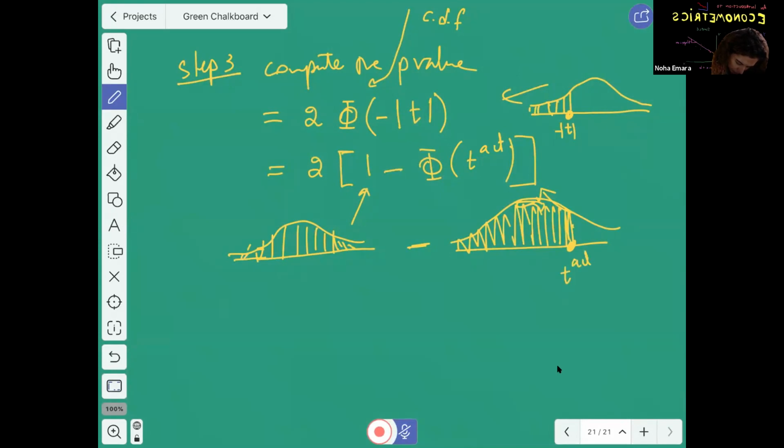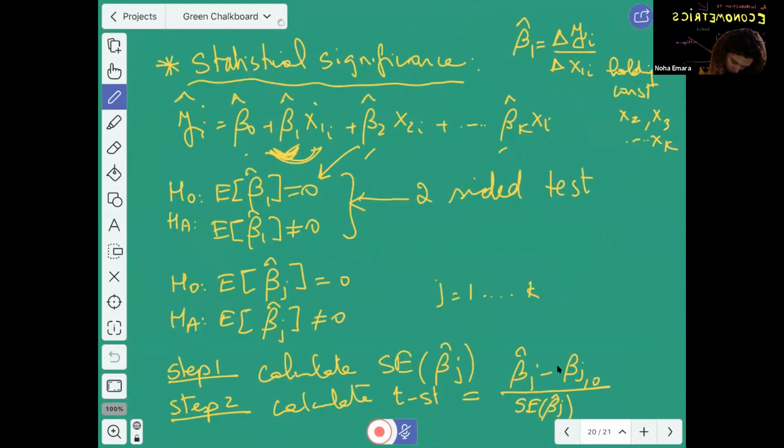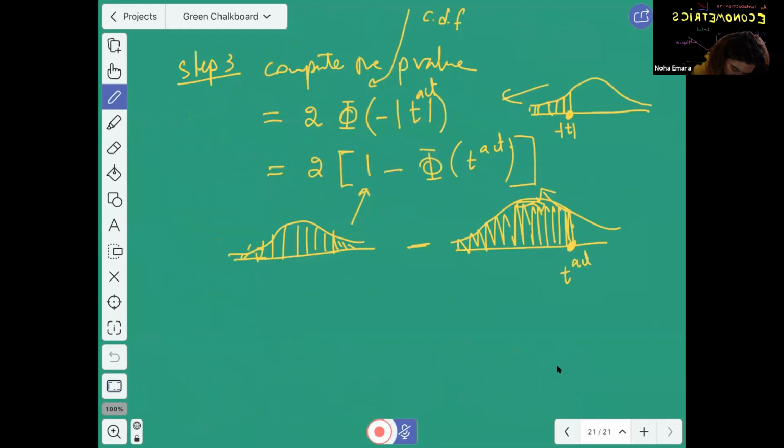What is t actual? Let me go back here. I'm going to call this one t actual because this is the actual one that I computed, because I can have multiple t's. So this one is the t actual that I have computed.